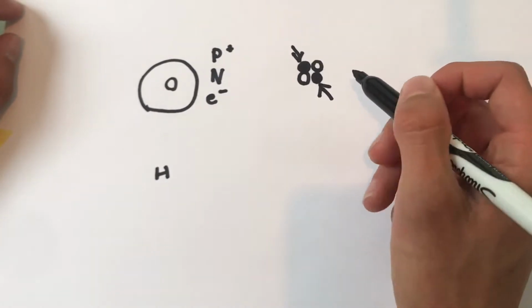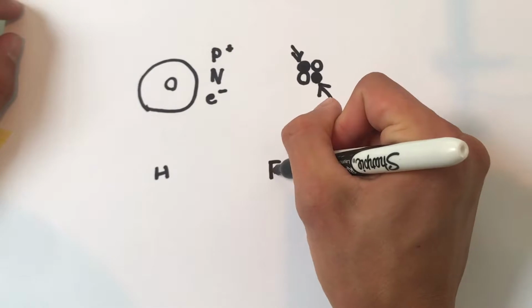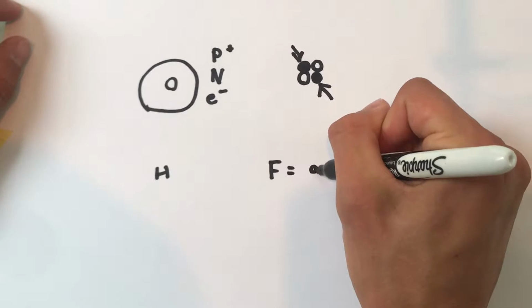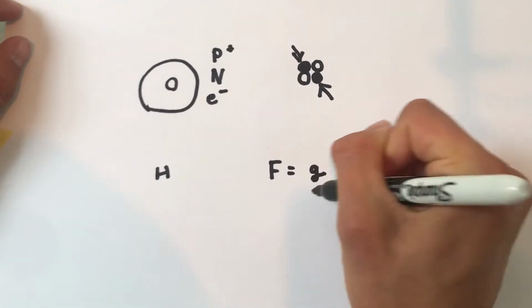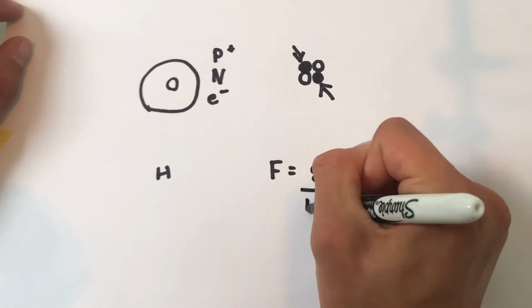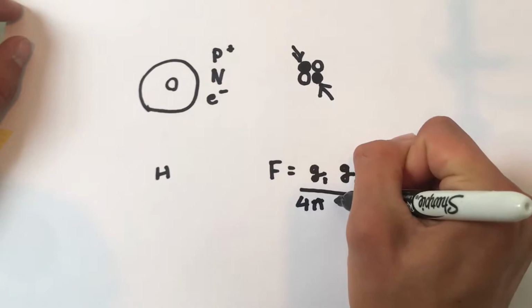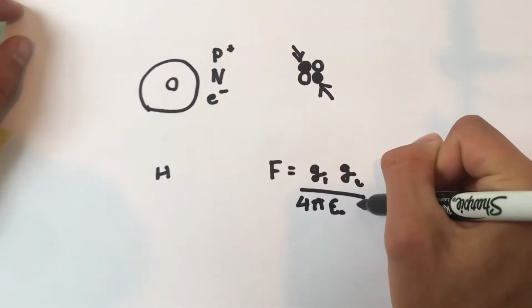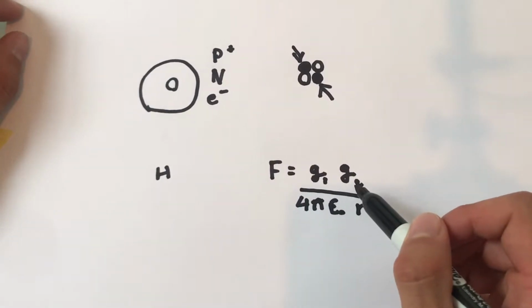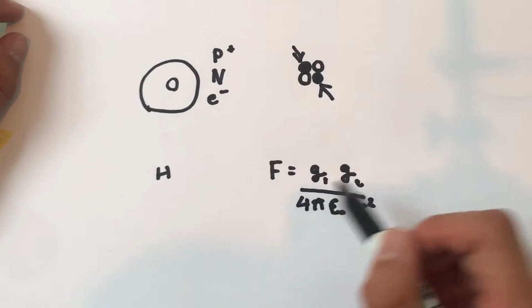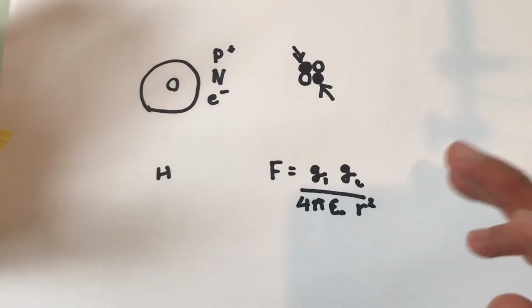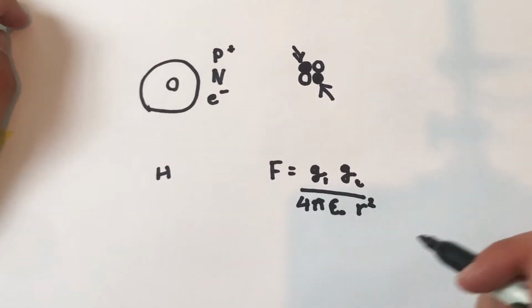We know the Coulomb law: the force between two charged particles is equal to Q1 Q2 over 4 pi epsilon naught r squared. Q1 and Q2 are the charges of each of the particles, and r is the distance between these two charges.